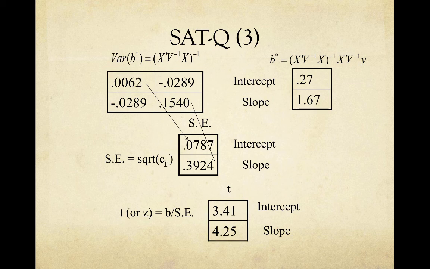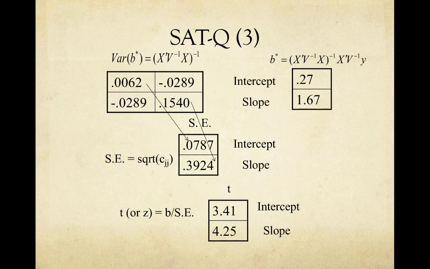So for the t-values, we're going to divide our estimates by their standard errors, and that will give us a value of t. So 0.27 divided by 0.0787 is 3.41, so that's our value of t for the intercept. And then we've got a slope of 1.67. We're going to divide that by 0.3924, and we get 4.25 as the t-value for the slope.